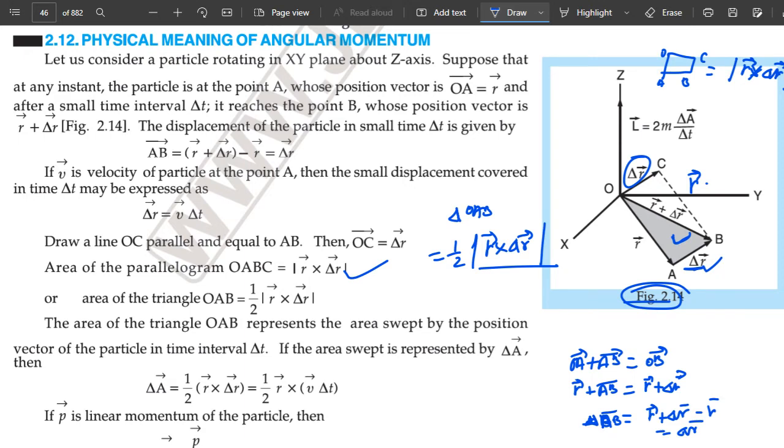Now concentrate your mind here. If a particle is at point A and then moves to point B, there is some time difference between A and B. Suppose this time difference is delta t. That means the time taken by the particle to move from point A to B is very small, delta t.